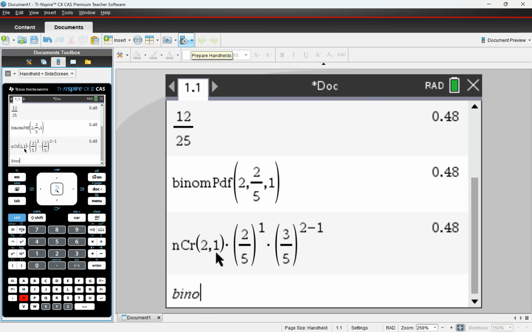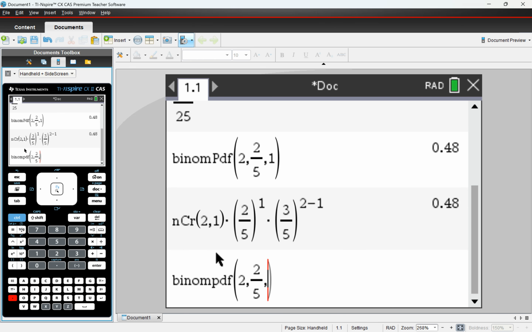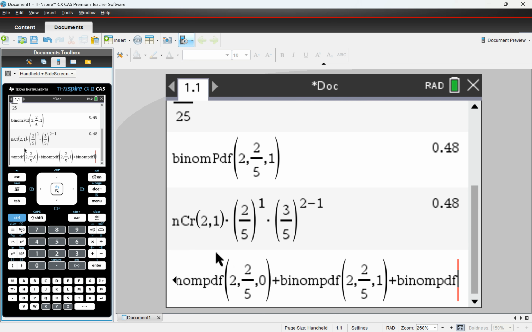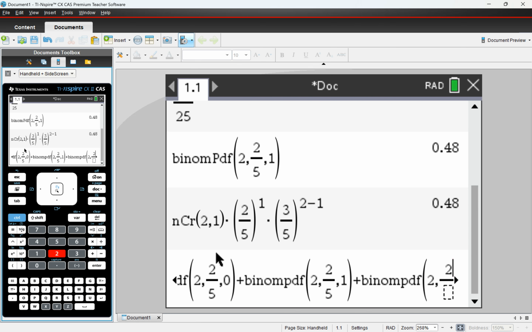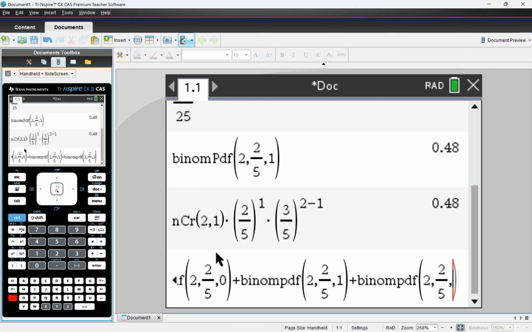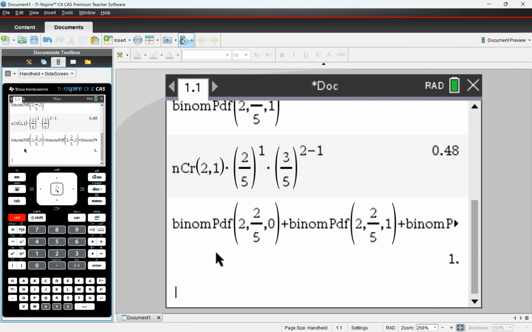So instead of doing binomial PDF, 2 fifths, 0, plus binomial PDF, 2 fifths, 1, plus binomial PDF, 2 fifths, 2. See, I know the answer is going to be 1. You don't have to type all that in one go. You can do it all in one go.